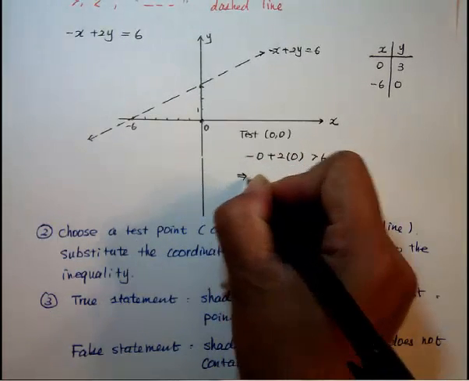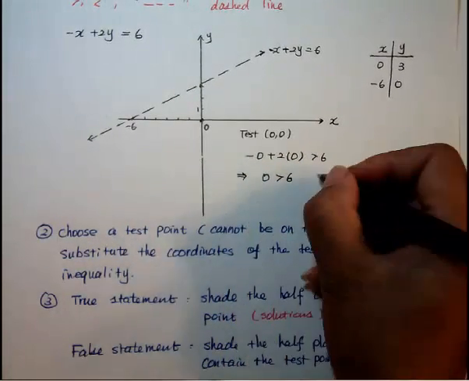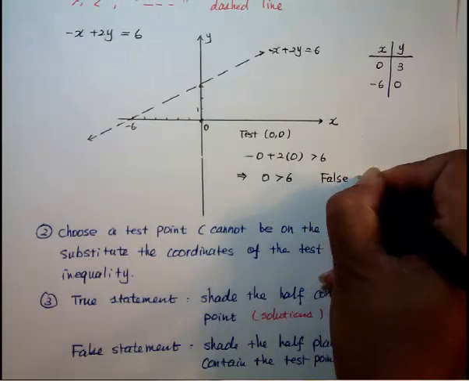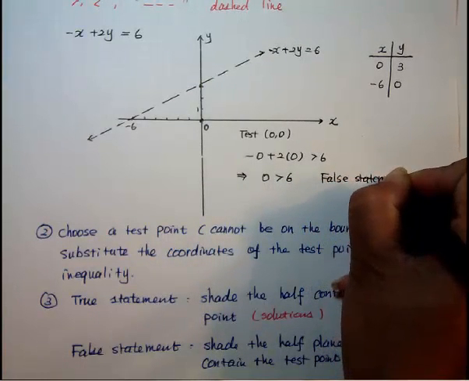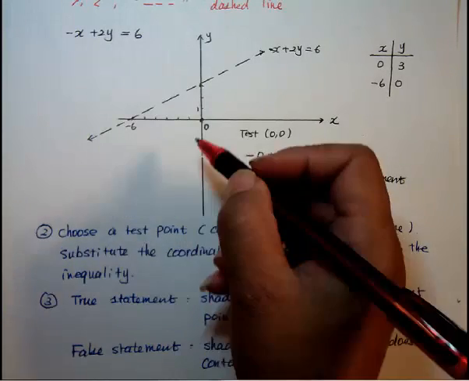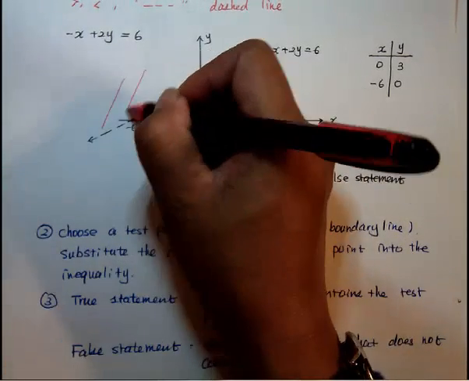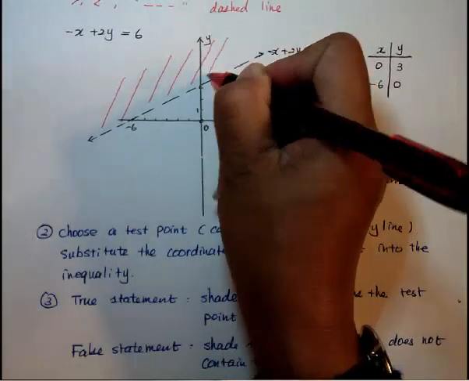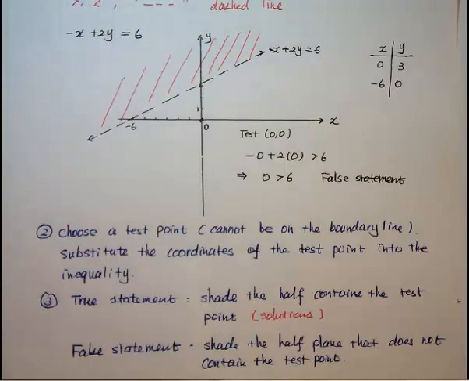From here, I arrive at 0 greater than 6, which is a false statement. Therefore, I'm going to shade the part without this test point, which is this half of the plane, as my solution. You can see our solution is represented on the graph.